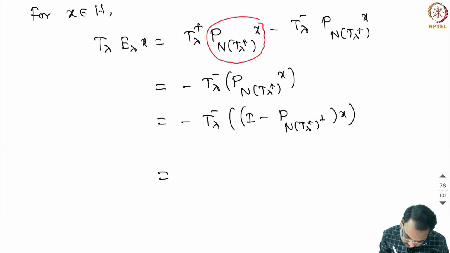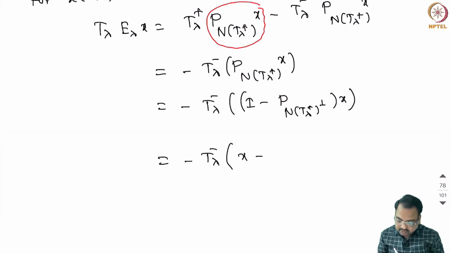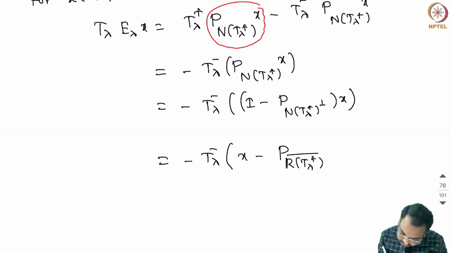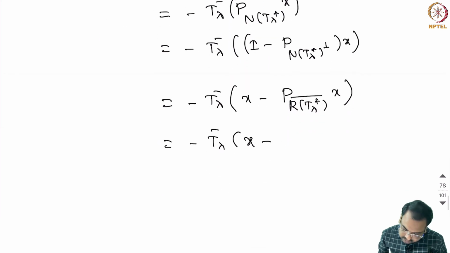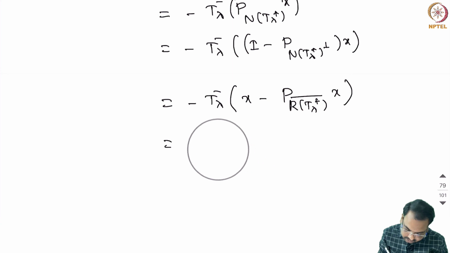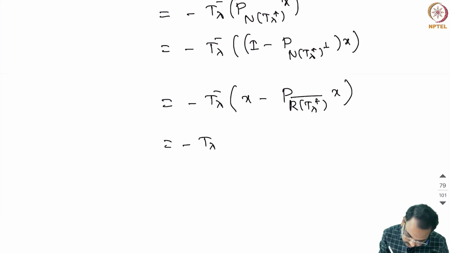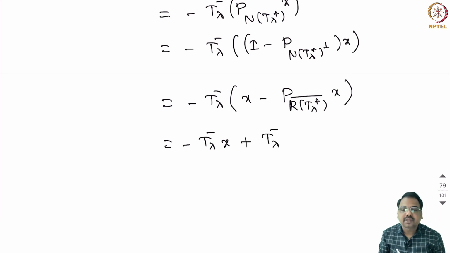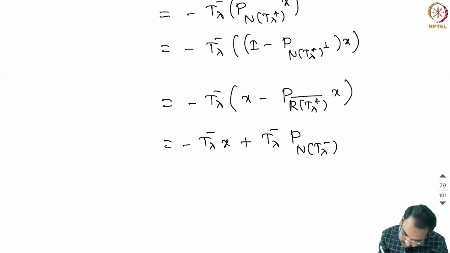We can write this as minus of T_λ^- x minus the projection onto the null space of T_λ^+ perp, which is nothing but the projection onto the closure of the range of T_λ^+. So this is minus of T_λ^- x plus T_λ^- multiplied by the projection onto the range of T_λ^+, which is nothing but the projection onto the null space of T_λ^- x.